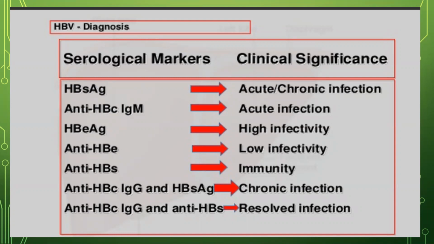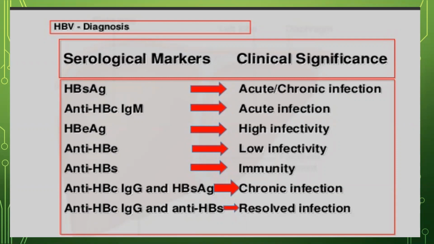Hepatitis B core or E antigen appears in case of highly intensive infection of the patient with hepatitis B. Anti-HBs, or antibodies to the surface of the virus, expresses the immune state of the patient.